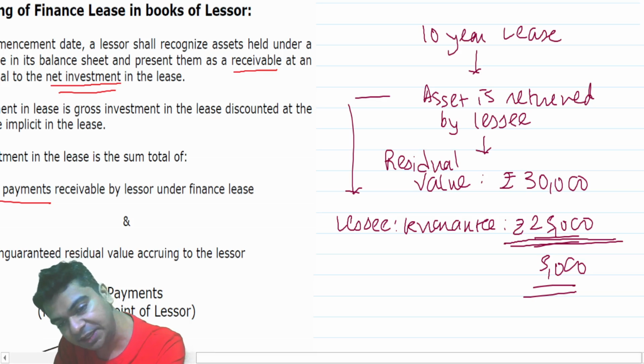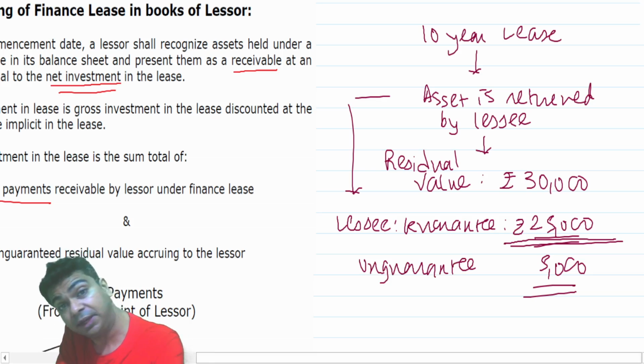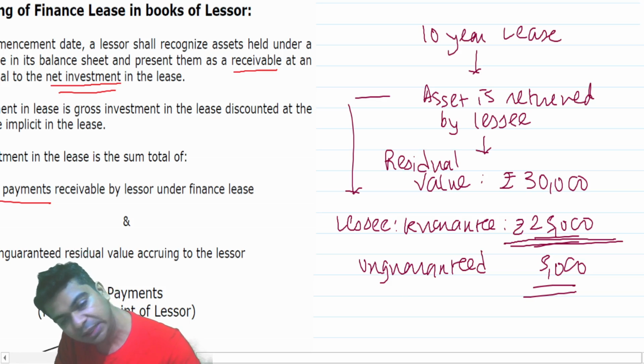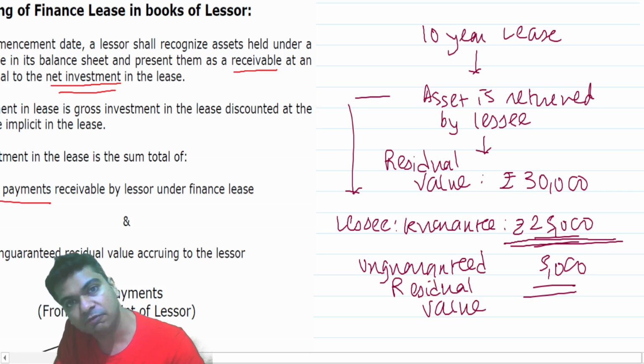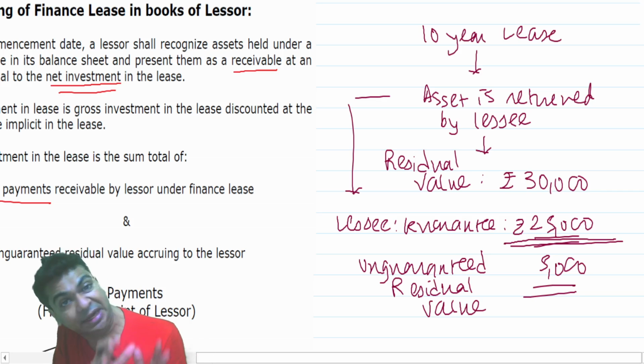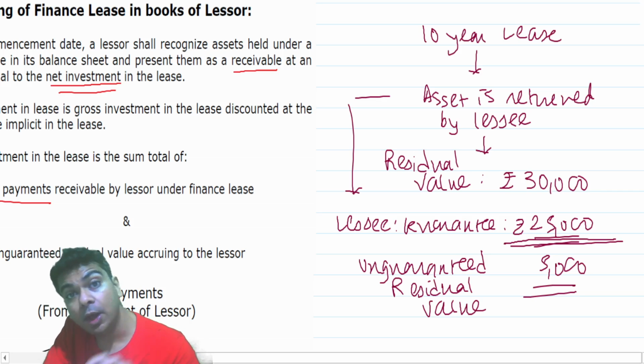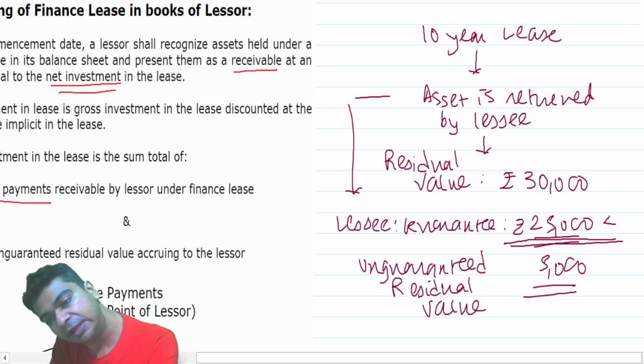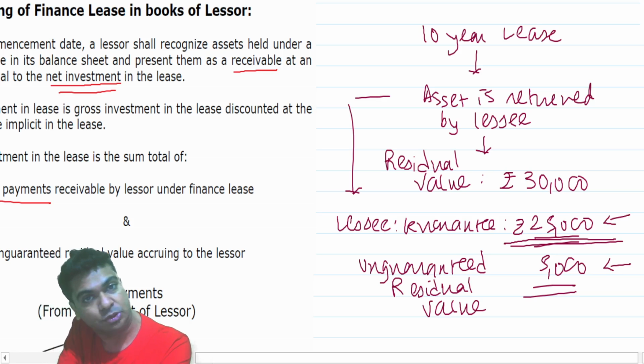This 5,000 which I am expecting, not guaranteed by the lessee, but I am hopeful that I will get it. So basically, residual value will be equal to guaranteed residual value plus unguaranteed residual value, isn't it? Guaranteed residual value 25 plus unguaranteed residual value 5, total 30,000.